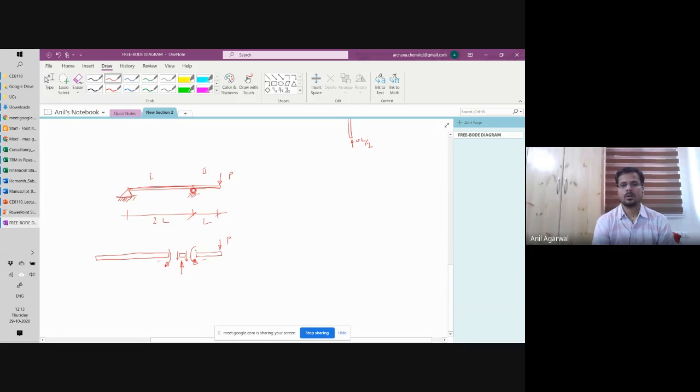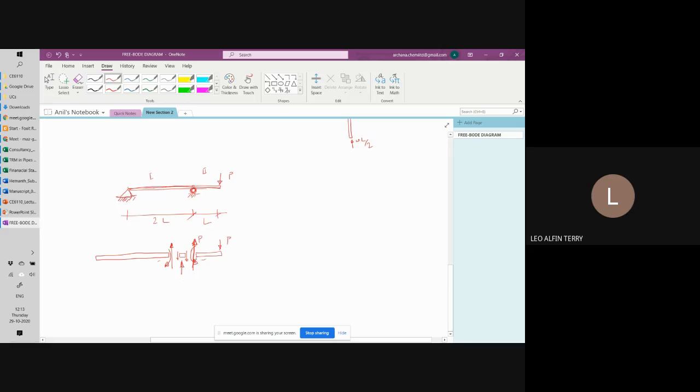So their counterparts, again Newton's third law counterparts, will be acting here. I'm just out of space, so that's why it is looking a bit cluttered. So if you've got force P here, how much will be this force? This force has to be P from Newton's first law.